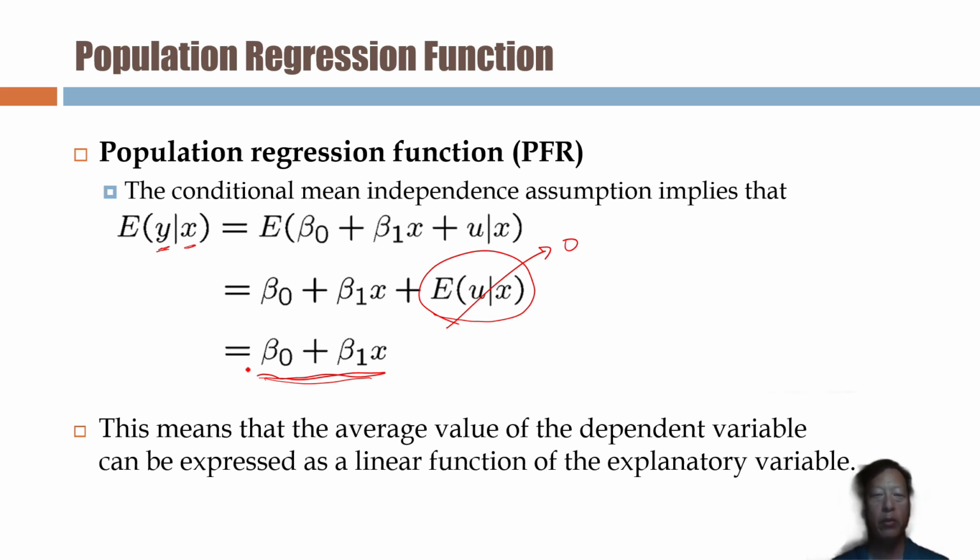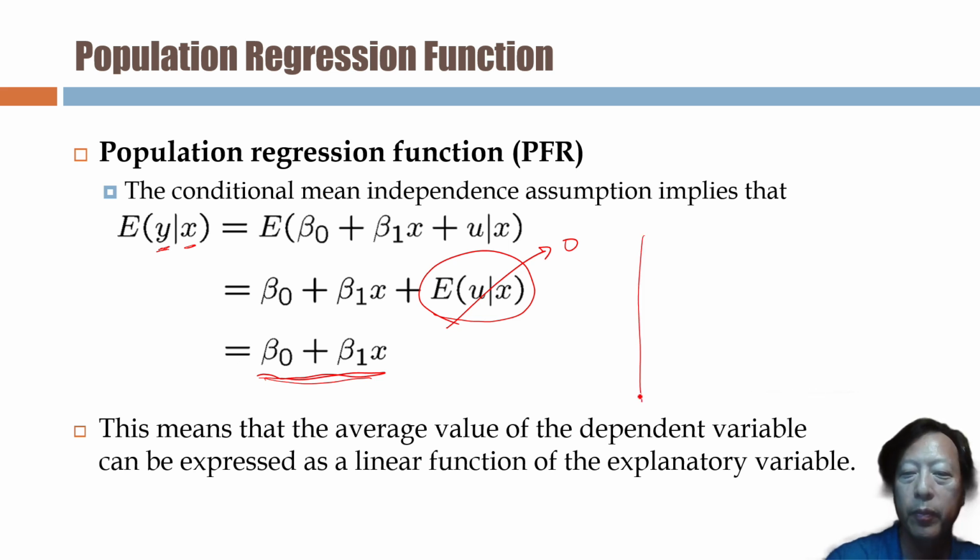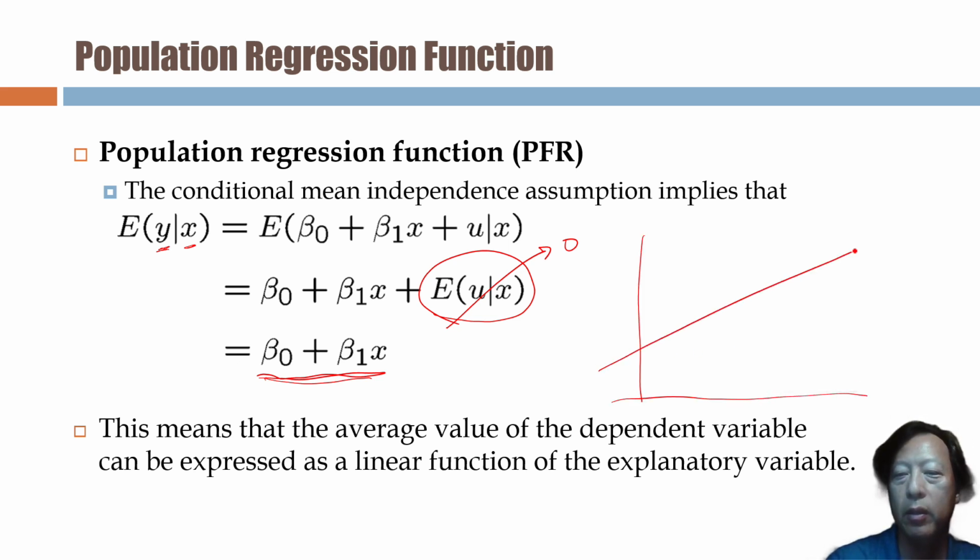So this means the average value of the dependent variable y. We can have a line which is the regression, but y is not exactly a certain point when x is given. This can be here, and here, and here, right? However, the mean should be on the line.